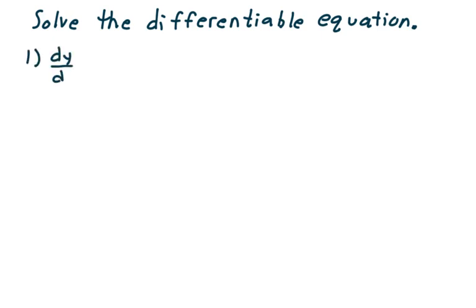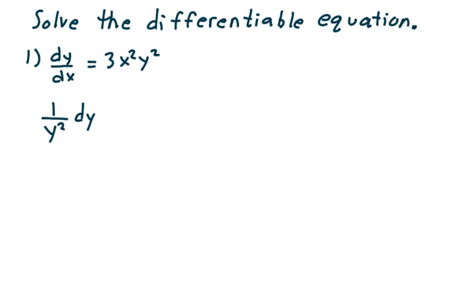Suppose I had dy/dx is equal to 3x squared y squared. Now, we can write this as follows. We can say 1 over y squared dy. So basically, I divided both sides by y squared.